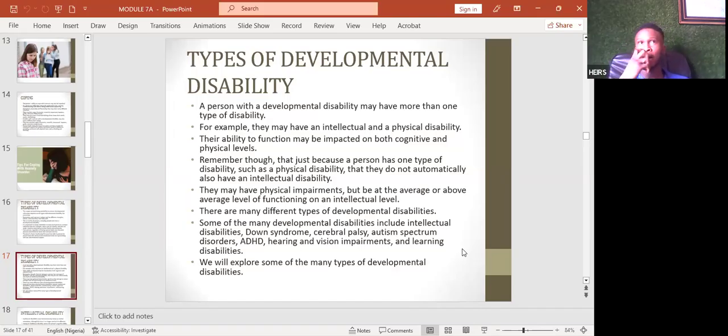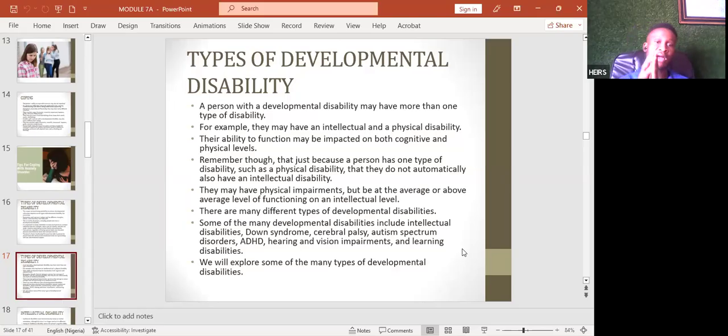Or look at him, maybe his hands are not working or his legs are not working, and I feel like his brain is not also working. No, that is a misconception. The fact that they have physical disability doesn't mean they have intellectual disability.